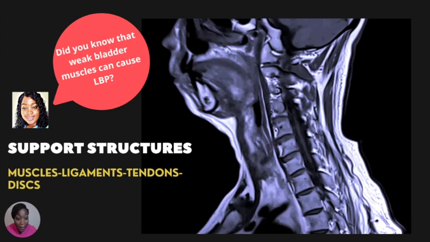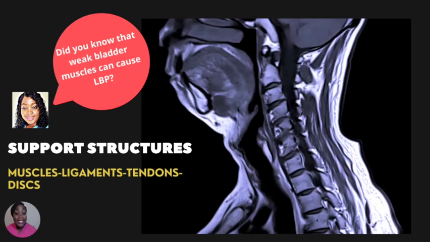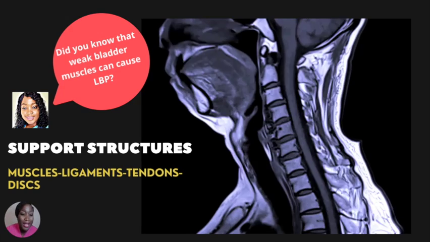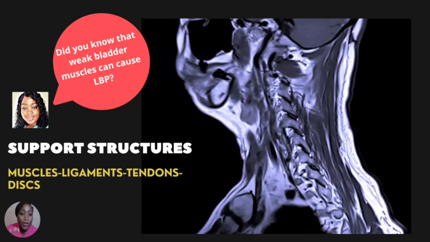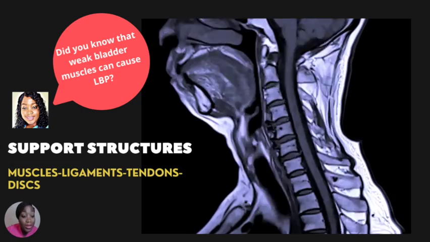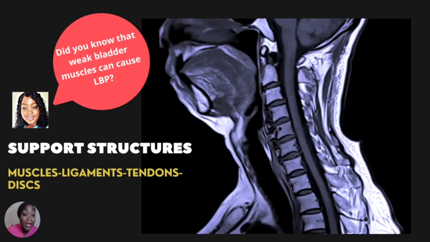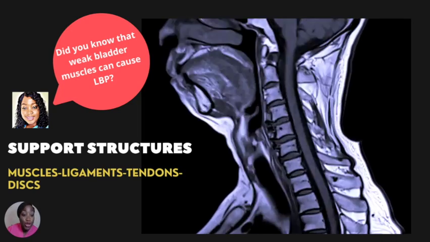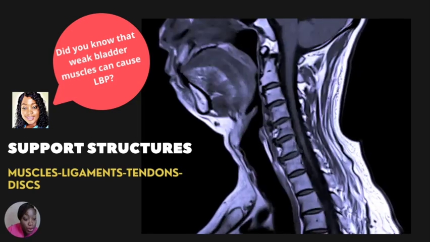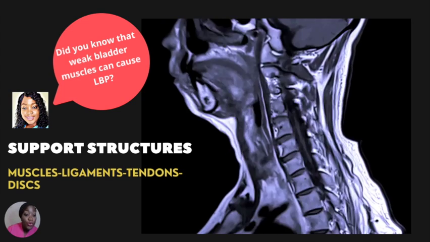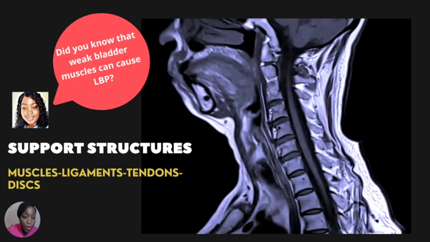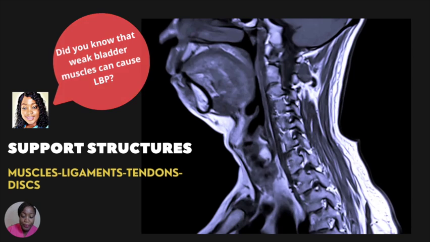Then you also have ligaments, tendons and discs. We don't have to go into what each of the support structures does, but do understand that they work together in cohesion so that your spine will continue to support you and allow you to move and do those activities that are important to your daily living.